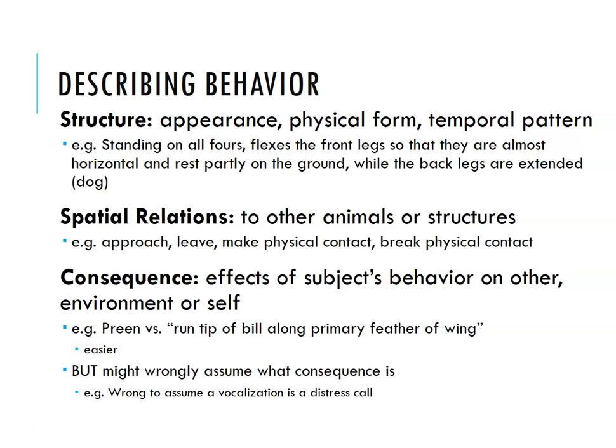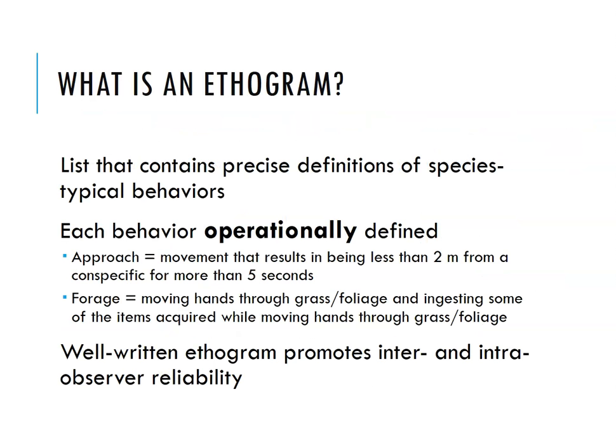So when you are describing your behaviors, make sure that you are actually including as much information as you can about those behaviors. Don't just say aggressive behavior. Don't just say play behavior. Describe the physical movement, structure, anatomy of the animal, and the spatial relationship and some consequence of it. So give as much information as you can about that behavior without making any assumptions.